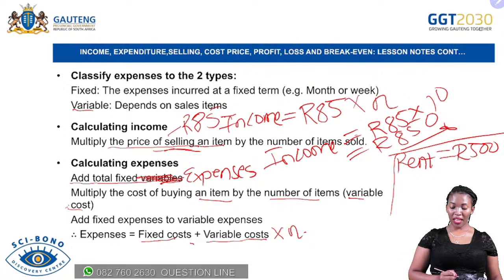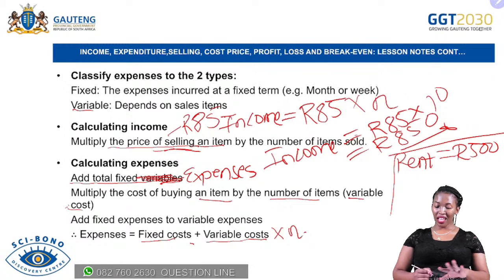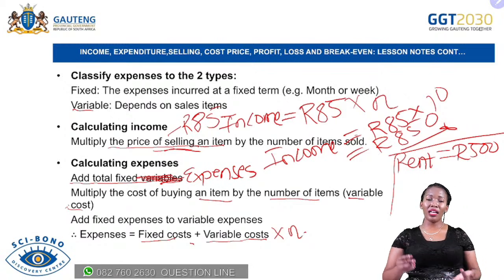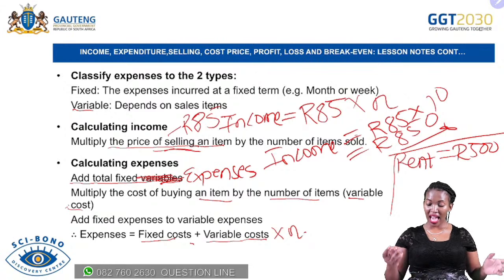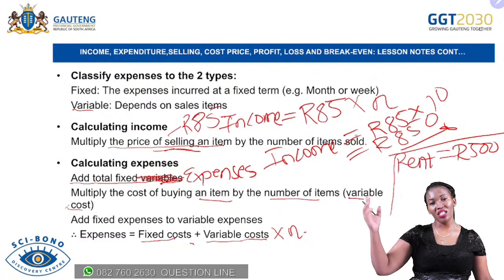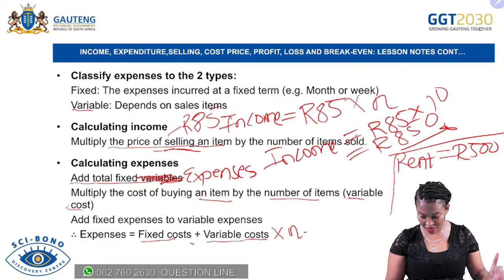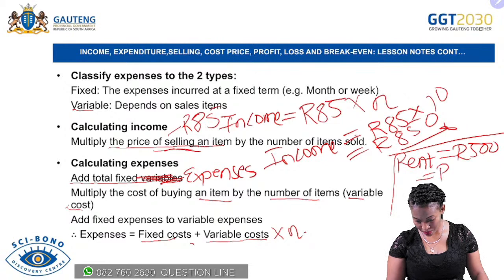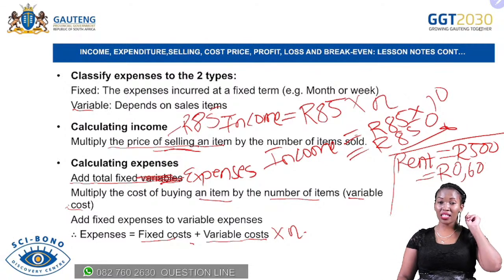And then my variable cost is my flour, cooking oil, sugar, all those items that I need to produce my fat cakes. Per fat cake, let's say I spend maybe 60 cents for one fat cake. I spend 60 cents for one fat cake.